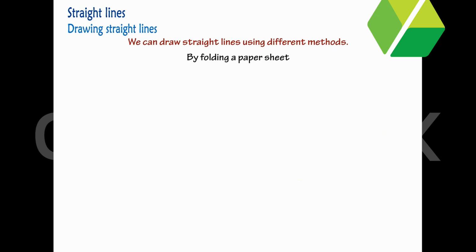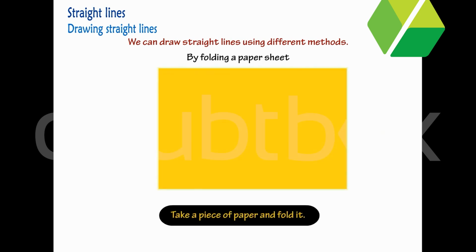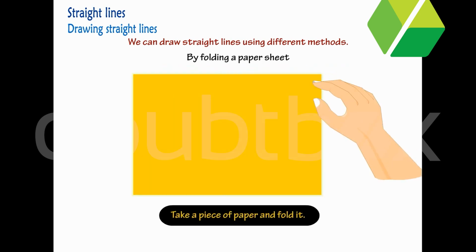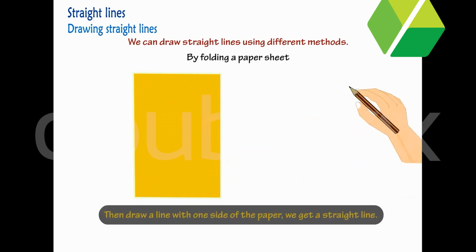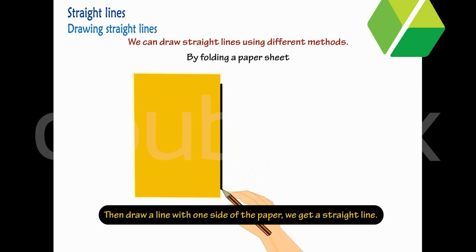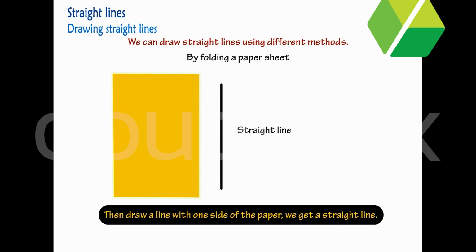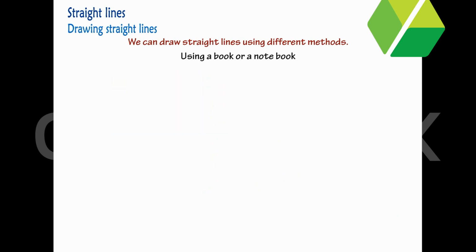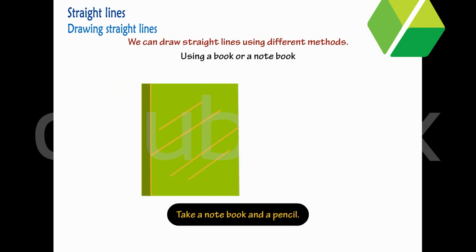By folding a paper sheet. Take a piece of paper and fold it. Then draw a line with one side of the paper. We get a straight line. Using a book or a notebook. Take a notebook and a pencil.